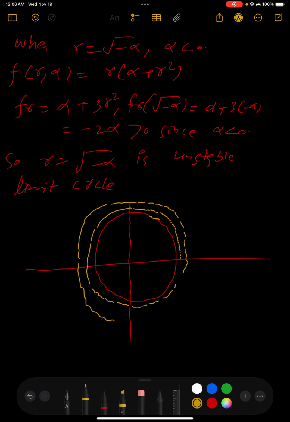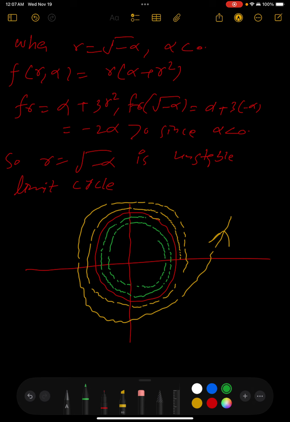And if we start really close to the boundary from inside, we will also move away from the boundary. And because theta dot is equal to 1, our direction is anti-clockwise. So this is when alpha is less than 0.